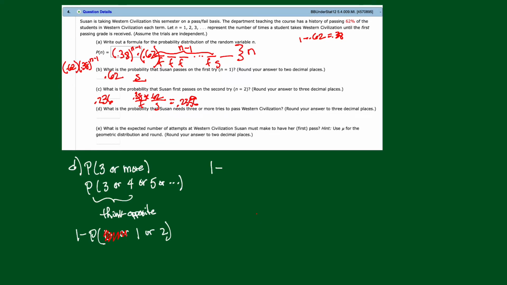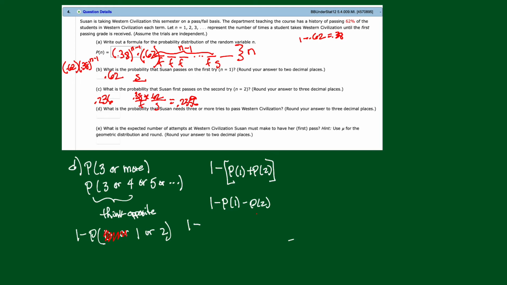So we could write this as 1 minus the probability of passing on the first plus the probability of passing on the second, right? It's an addition. They're mutually exclusive. If you pass it once, you're not going to pass it again because you won't take it again. So I'm going to say 1 minus the probability of passing on the first try minus passing on the second try.